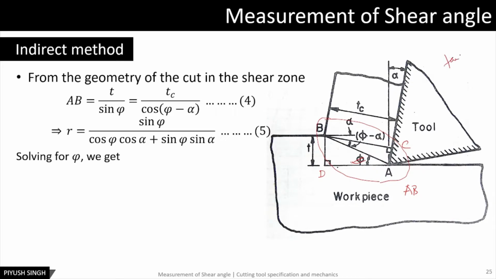What is tan phi? R cos alpha by 1 minus sin alpha. Sure? Check it.